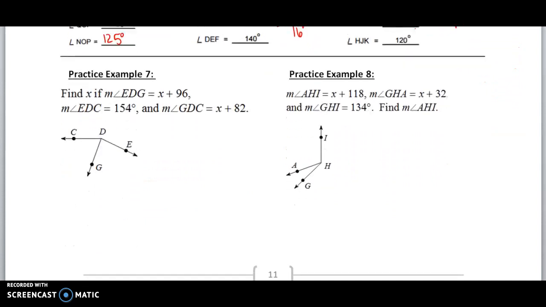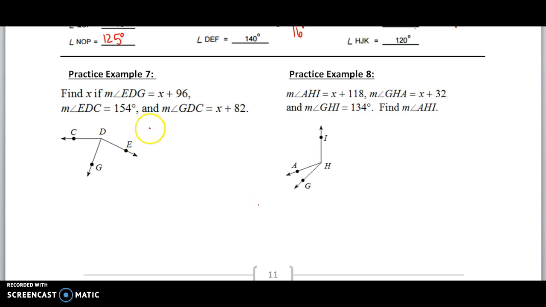Okay, so I'm going to do example 7, and if there's time, I'll talk you through example 8, but I'll for sure have that answer down. So example 7: find x if the measure of angle EDG is equal to x plus 96, the measure of angle EDC equals 154, and the measure of angle GDC is equal to x plus 82. The first thing I would practice is writing the angle addition postulate.